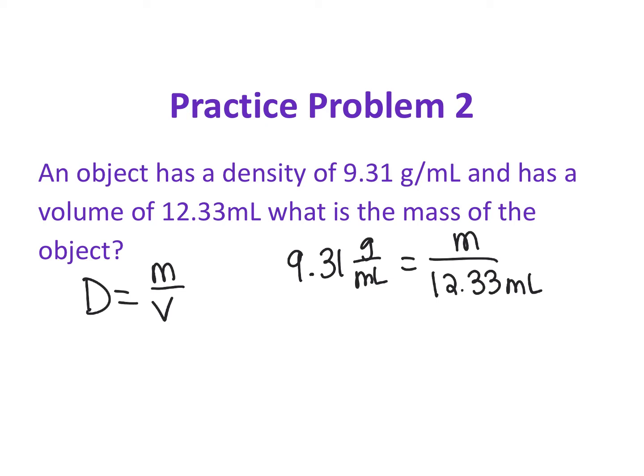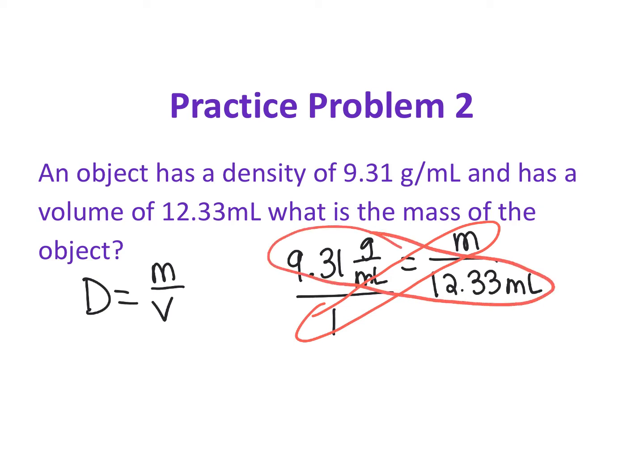Okay, now what we can do is put this over 1, so we have a fraction on both sides, and let's cross multiply. So I really have 9.31 grams per milliliter times 12.33 milliliters equals, and this number will be our mass.